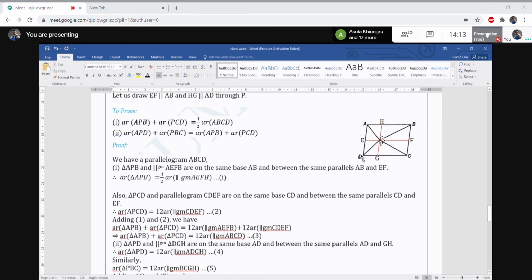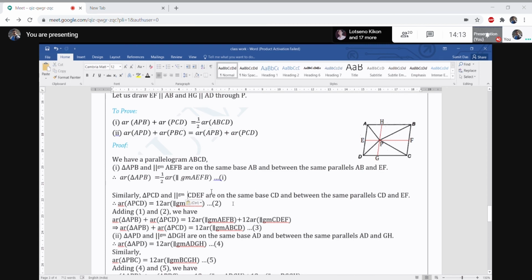Similarly, PCD, this down one, and parallelogram CDEF, this parallelogram, are on the same base CD and between the same parallel lines CD and EF.